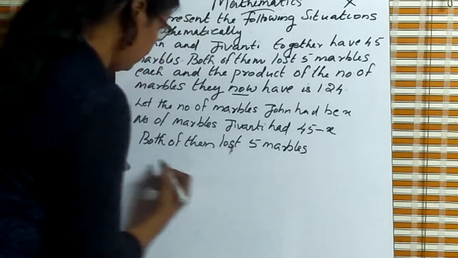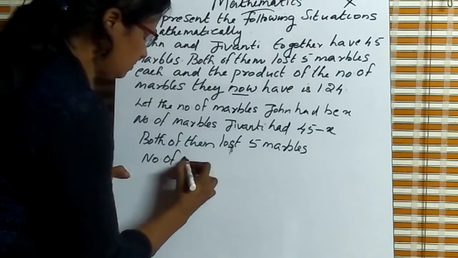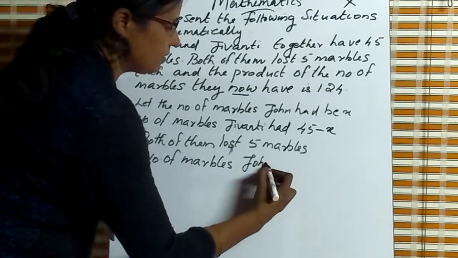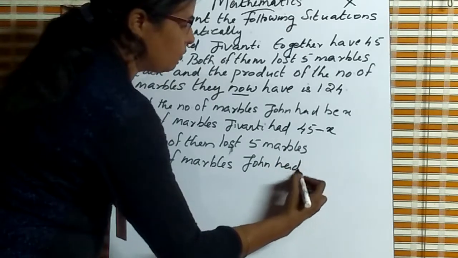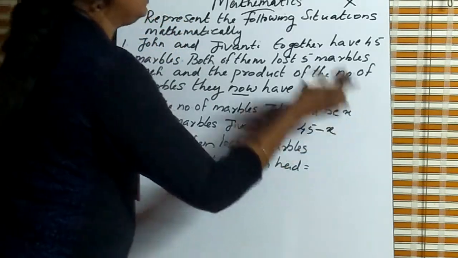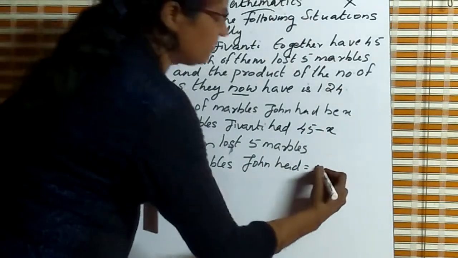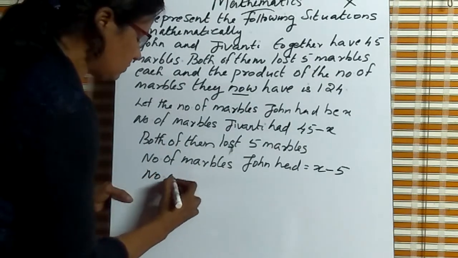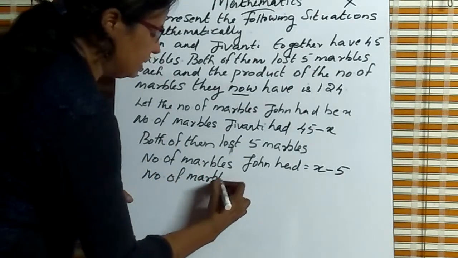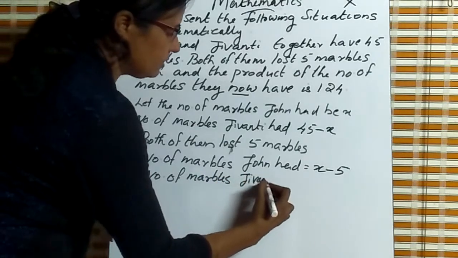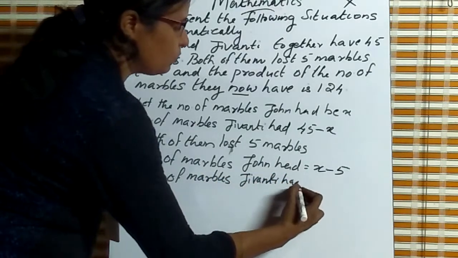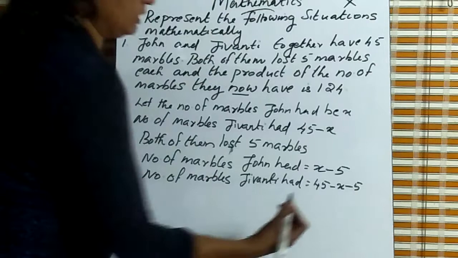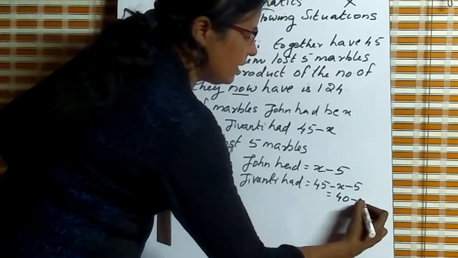In this situation, the number of marbles John had, we assumed, is x. Both of them lost 5 marbles, so it is now x minus 5, and the number of marbles Jivanti had is 45 minus x minus 5, which is 40 minus x.